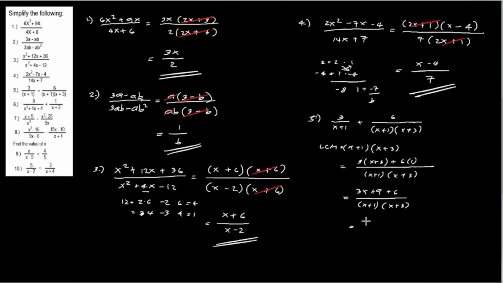It is equal to 3x, 9 plus 6, or 15, and divided by x plus 1, x plus 3. The answer is 3x plus 15 all over x plus 1 times x plus 3, and this is the simplified form.